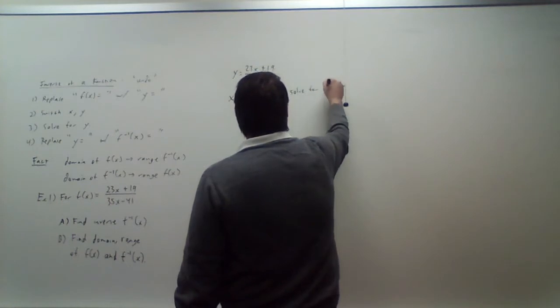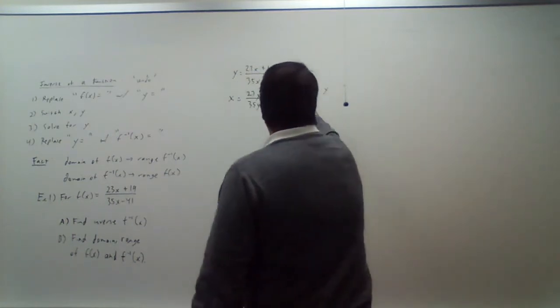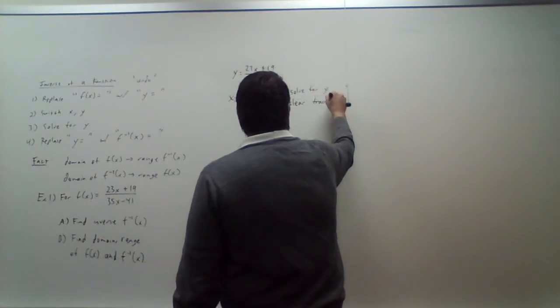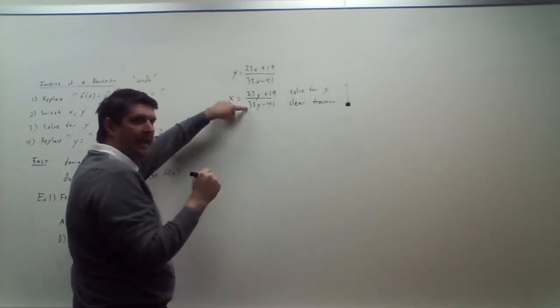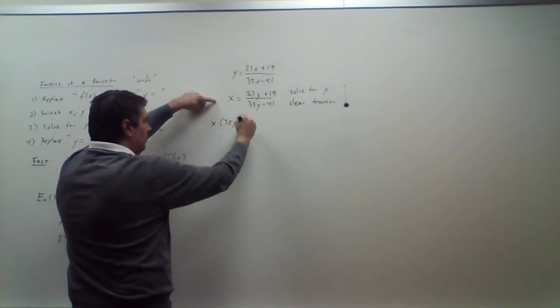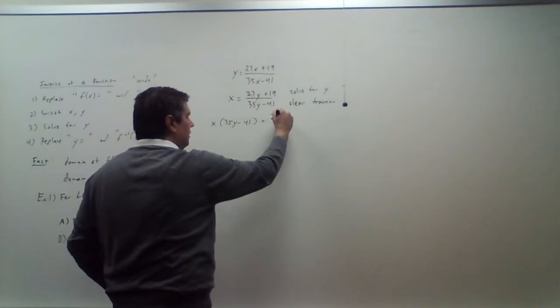Solve for y, and we'll start by clearing the fractions. Clear fractions. So that's the LCD. We'll multiply x by the LCD and the fraction by the LCD.